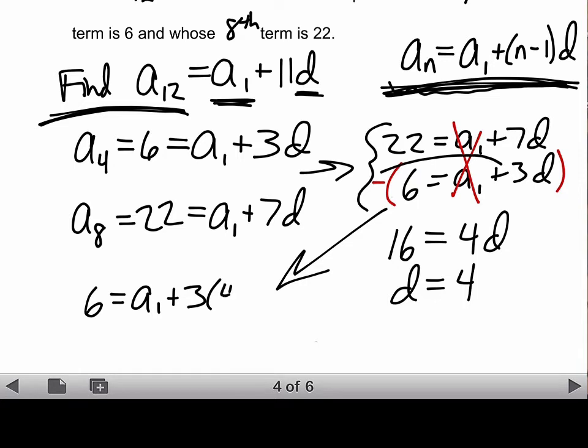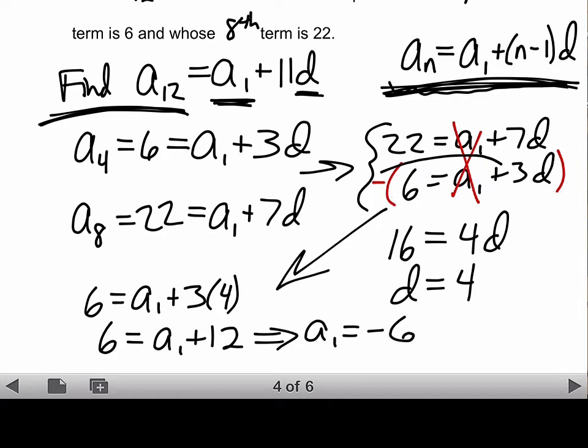d, though, we just found to be 4. So 6 is equal to a sub 1 plus 12, which means that a sub 1 is equal to negative 6. Hey, I don't like that it's negative either, but I do what the numbers tell me.